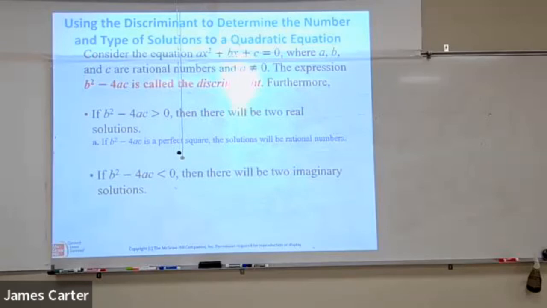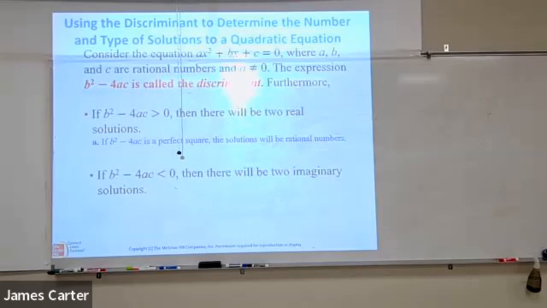And we had whatever negative b was plus or minus 5 over something. How many answers did we get on that? Two. If it's a 0, we only get one answer. If it's a perfect square, we get 2 real numbers.